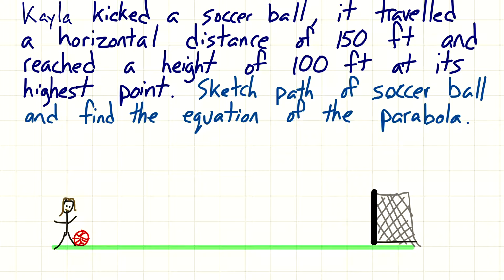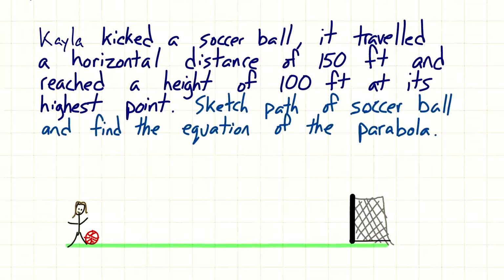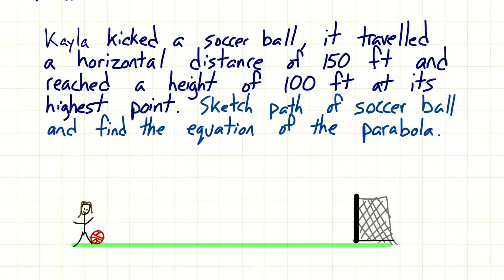So let's create this picture, and we have some information given to us that we probably want to utilize. The soccer ball travels a horizontal distance of 150 feet. That's how far the ball travels. And it reaches a height of 100 feet. So key information here: how are those numbers going to relate to the diagram? Make sure you include those numbers.